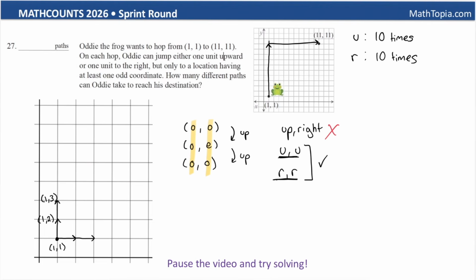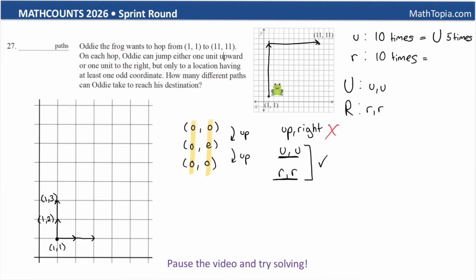So this is basically like saying that he has to move up 2 times 5 times. I know that can be a bit confusing. Let's just say that a capital U is the same thing as going up and then up, and a capital R is the same thing as going right and then right. So him going up 10 times is the same as him going up twice, so capital U, 5 times.